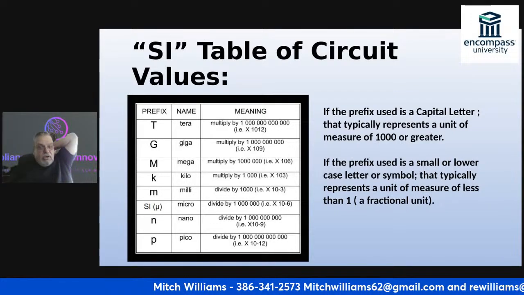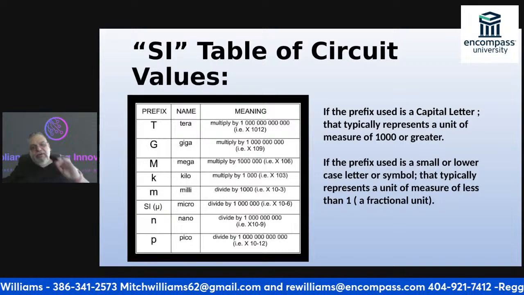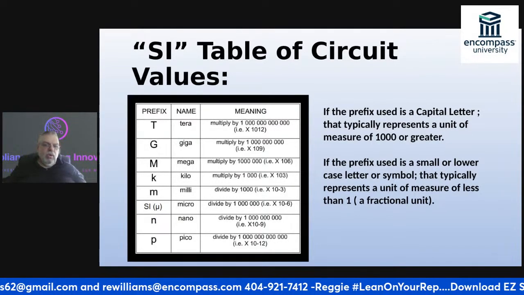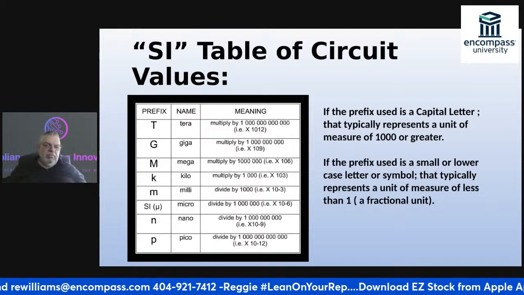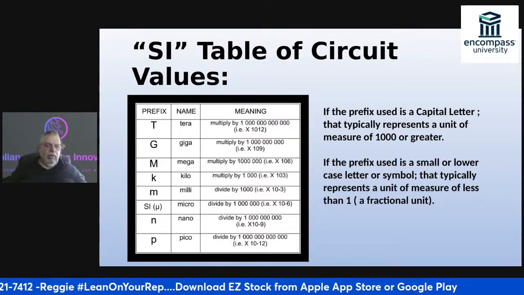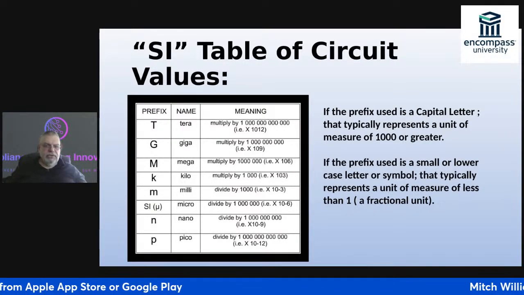If you look at the microfarads, you divide it by 1,000,000, so that would be 10 to the minus sixth power. If I have a nano, I'm going to divide by billionths, and that would be 10 to the minus 9 power.